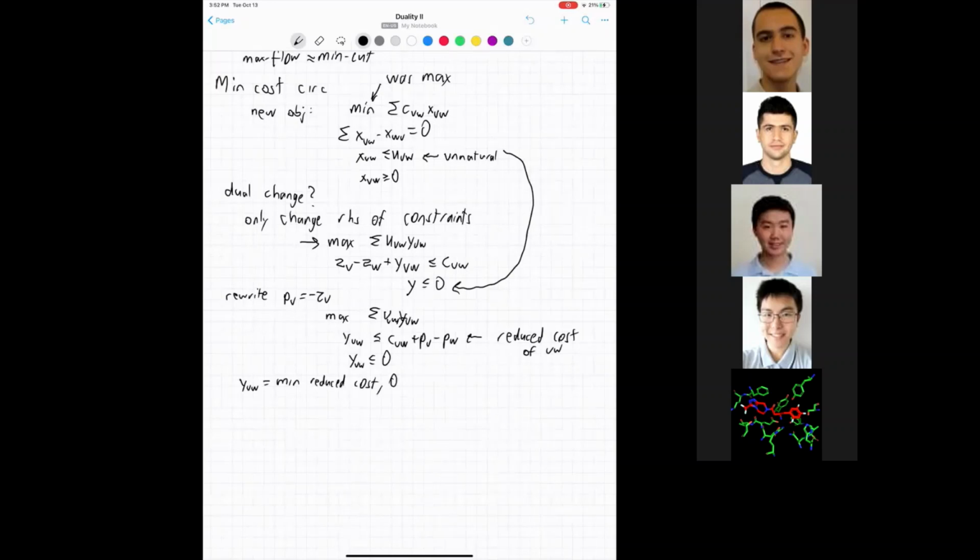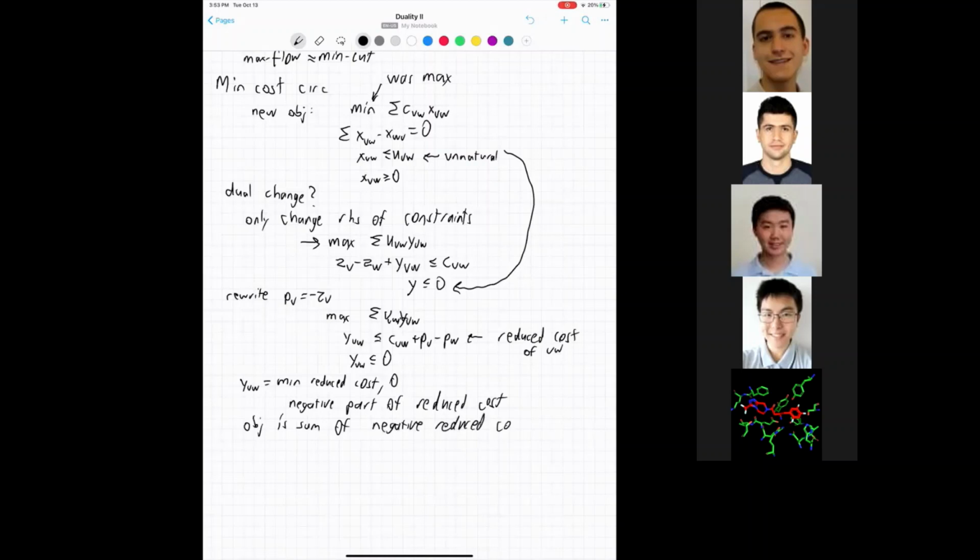Or in other words, it's the negative part of the reduced cost. So our objective function is just a sum of the negative parts of the reduced costs. Appropriately weighted.